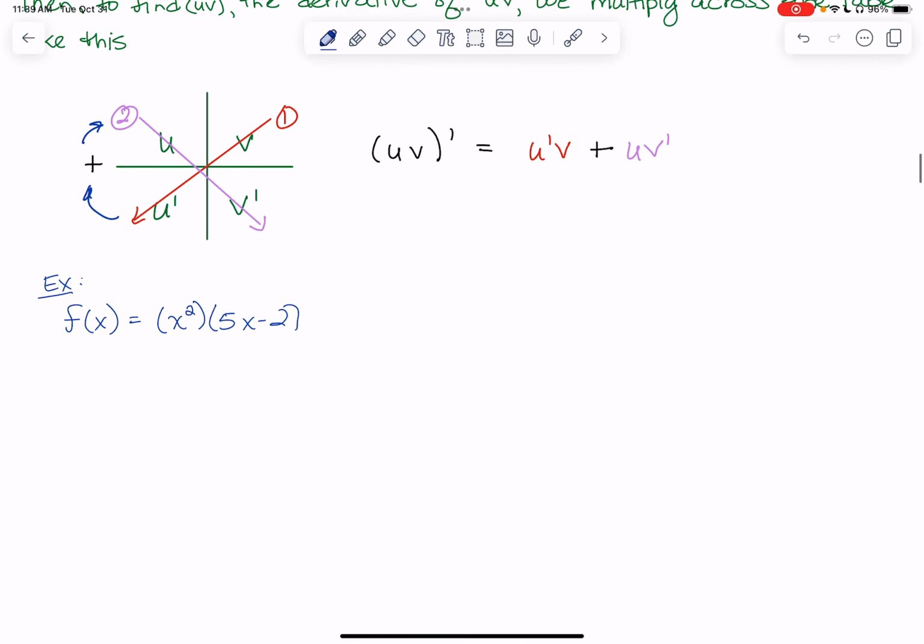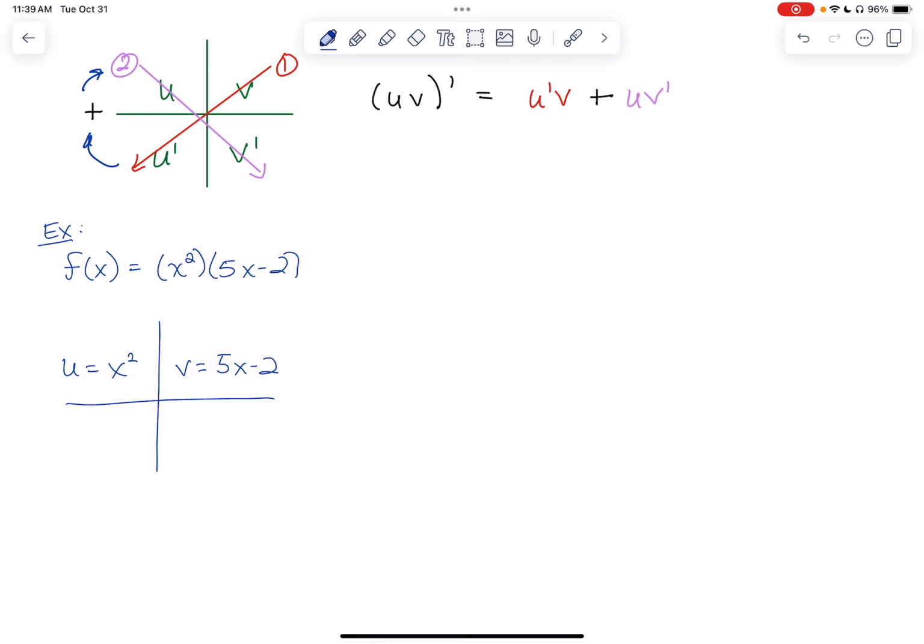So now I'm going to set it up, and I'm going to say, okay, that means that if I make a little table, a little cross, u equals x squared, and v equals 5x minus 2. It also means that my derivative u prime is equal to 2x, and my derivative v prime is equal to 5. All right?